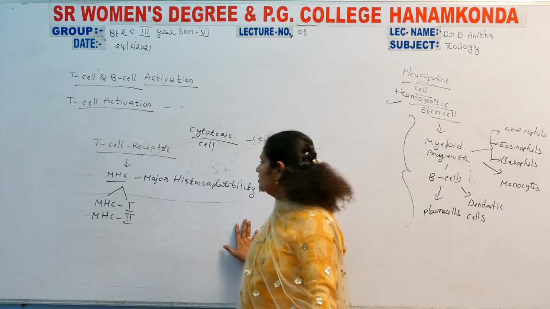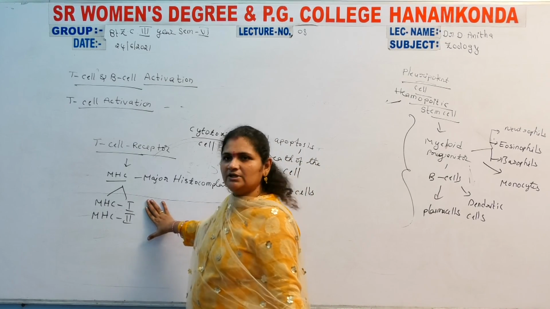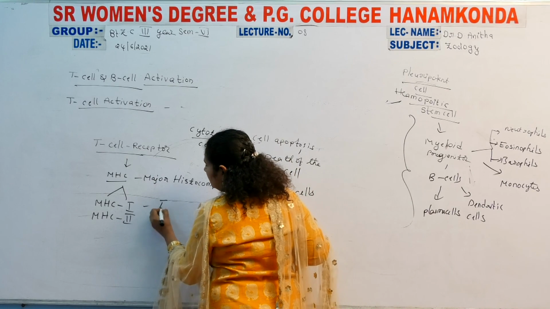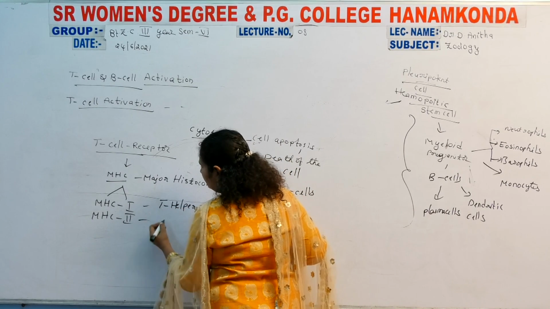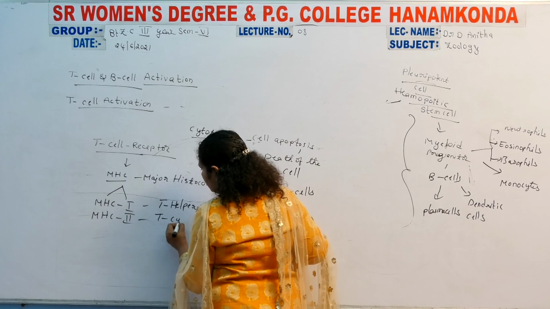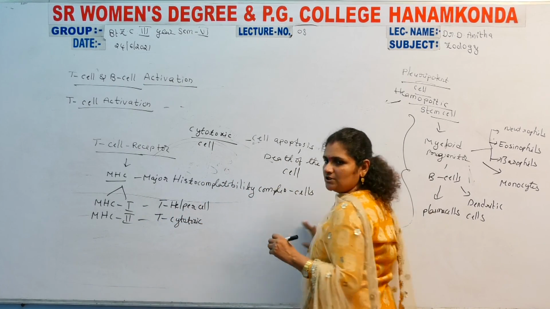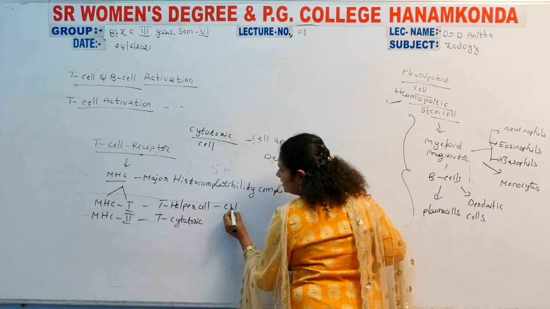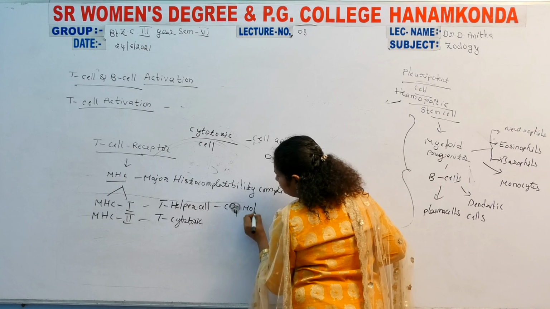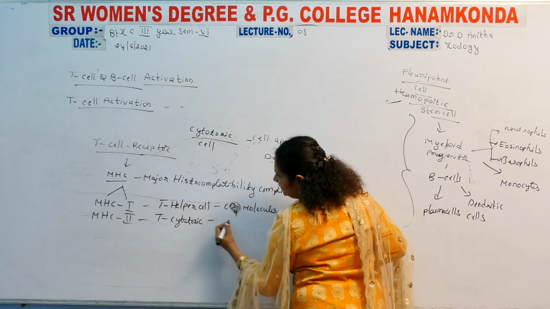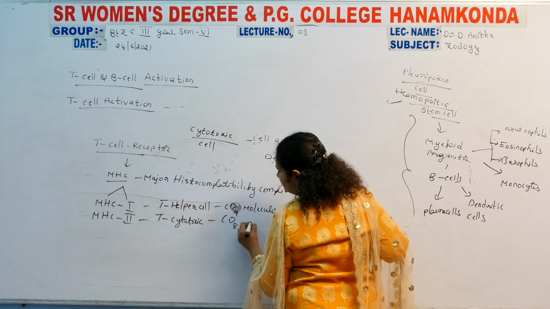That is the main variation. Of the MHC1 and MHC2 molecules, MHC1 was mainly associated with the T helper cell, and MHC2 with the T cytotoxic cell. The T helper cell is further formed from the CD4 molecules and the T cytotoxic cell from the CD8 molecules.